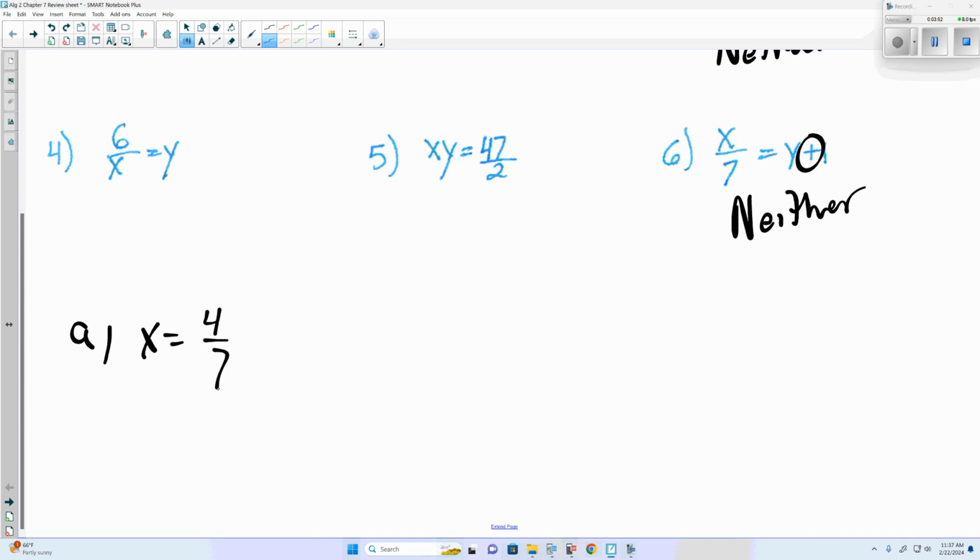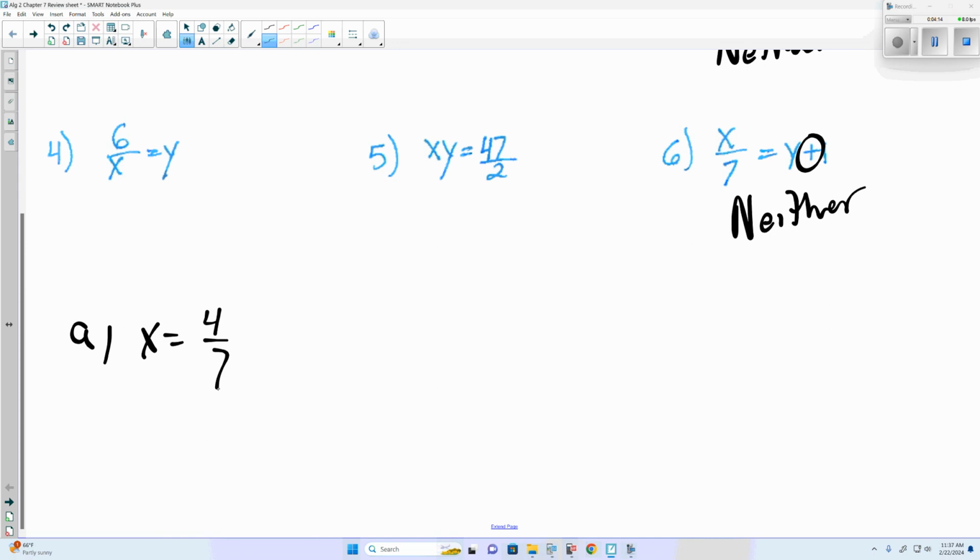Why would this be neither? It's missing one thing. Why? Because for it to be direct or inverse variation, we have to have x and y, and it's so simple we normally skip it.